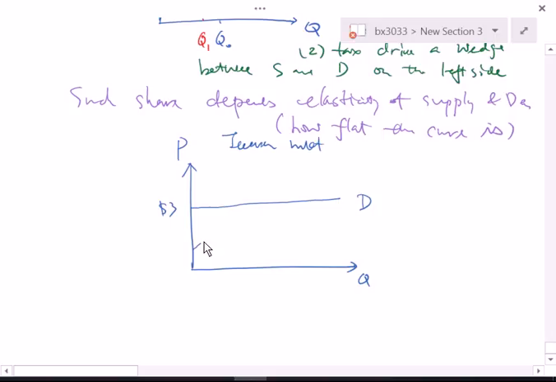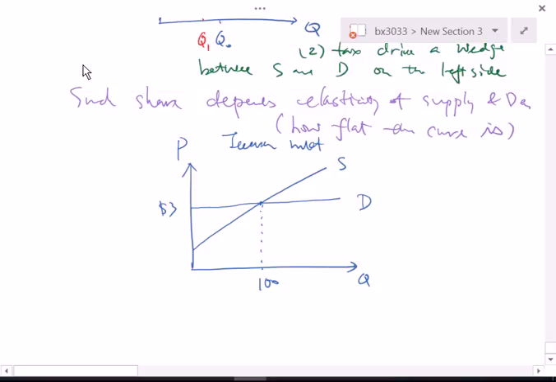So that's the producer side. Before tax, the equilibrium price is $3 and the equilibrium quantity, let me call this 100, so 100 ice creams in the market.